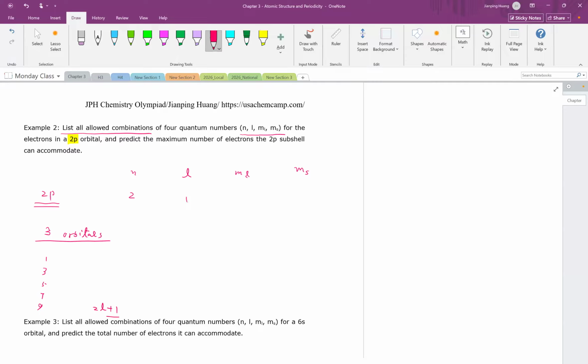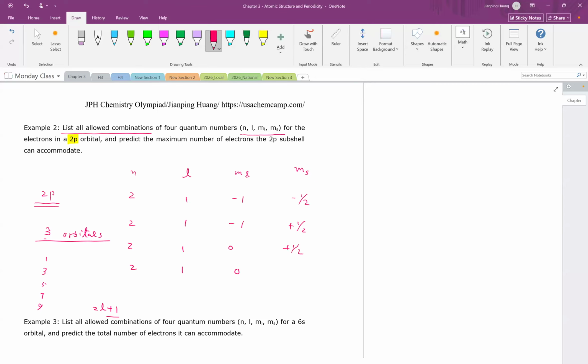Okay? Not the N. I said 2p, how many orbitals? See, I write it here. Should be 3 orbitals. Remember. Now, ML should be minus 1. MS could be minus 1/2, could be plus 1/2. So 2, 1, minus 1. Now 2, 1, 0, plus 1/2. 2, 1, 0.